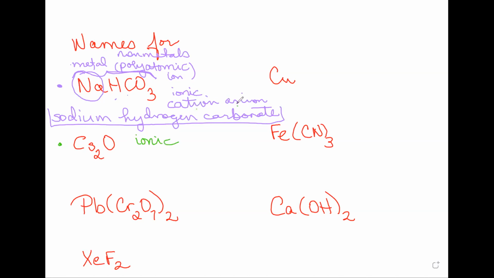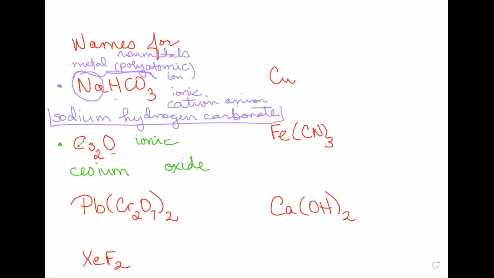So what's my cation? Cesium. What's my anion? Oxygen. So because it's my anion, you're going to take the base name of your element, and then you're going to end in ide.